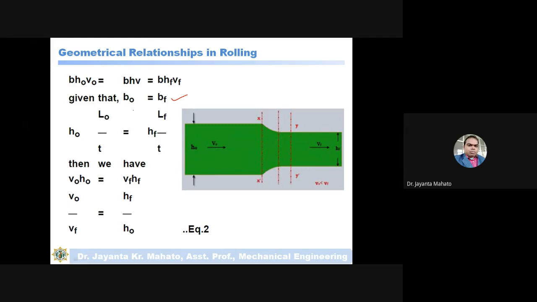So all the B's will be cancelled out, and from this relationship we will get H naught into L divided by t.